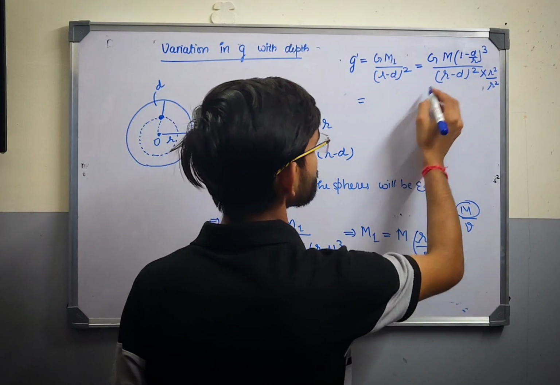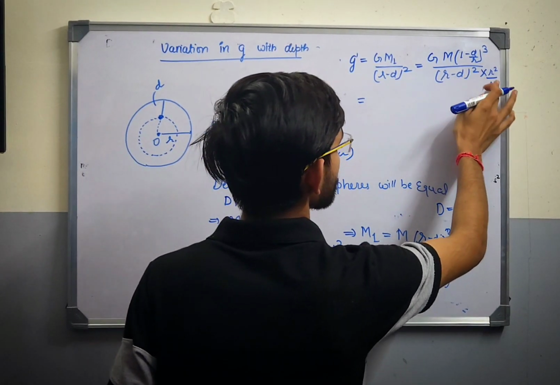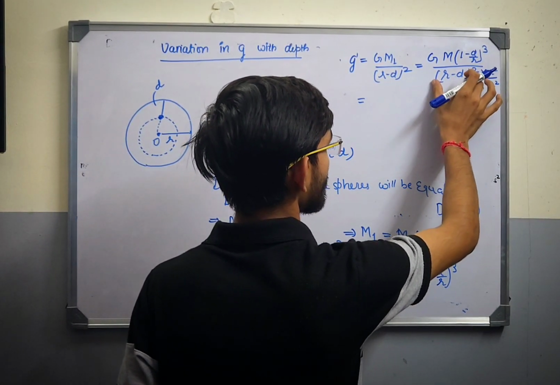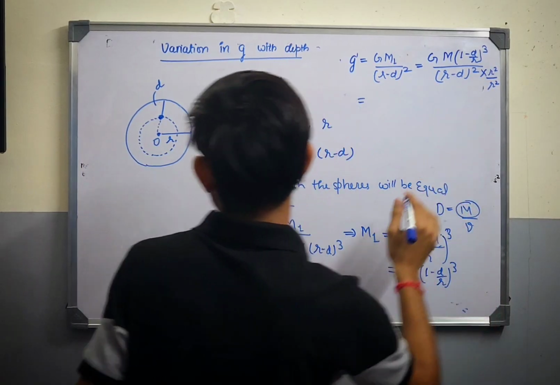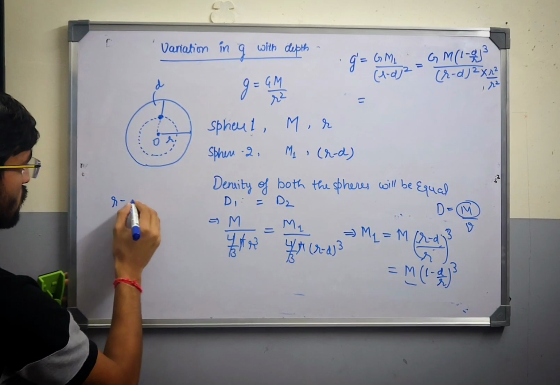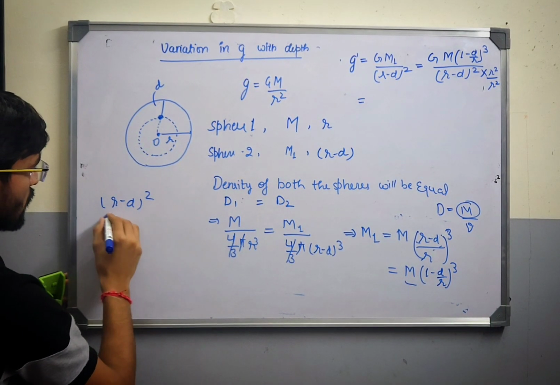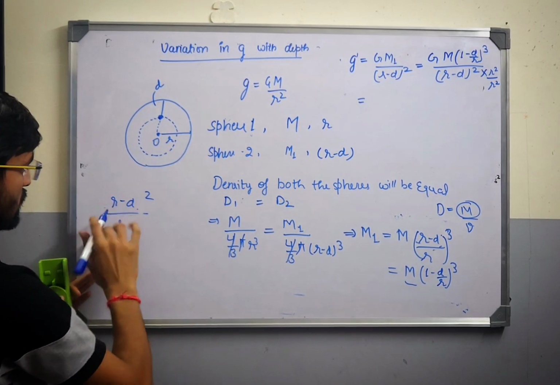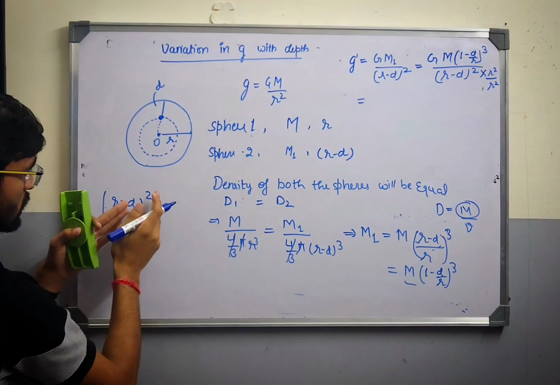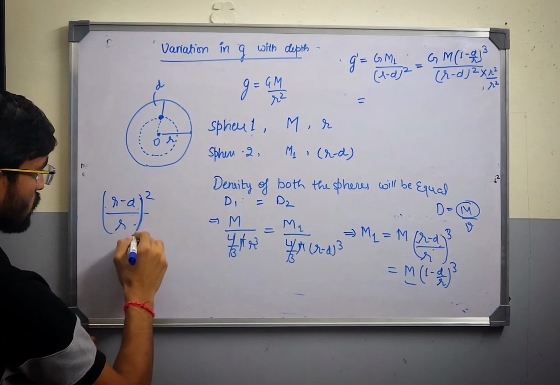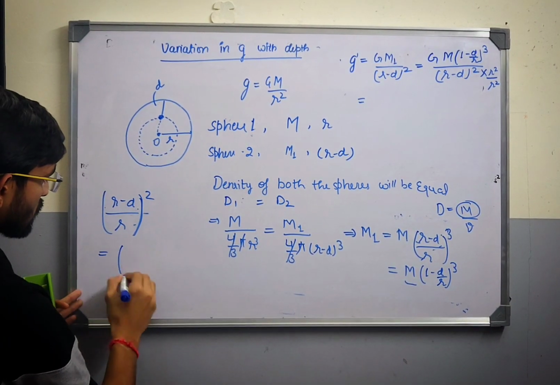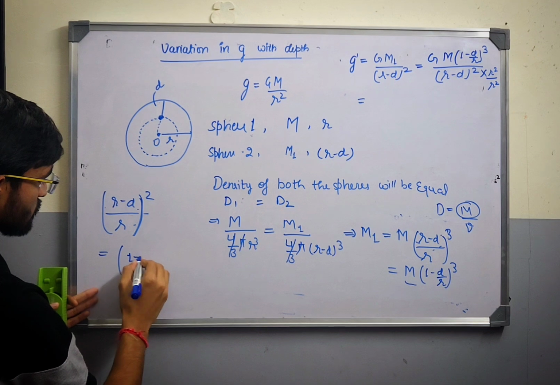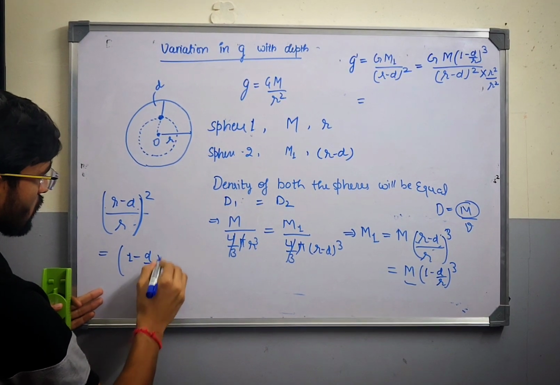So if you multiply this r square inside the bracket, r square minus d whole square upon r square, I can take it inside the bracket and write the square over the bracket. So it becomes r times (1 minus d upon r) whole square.